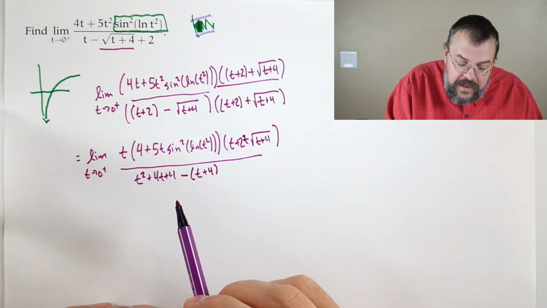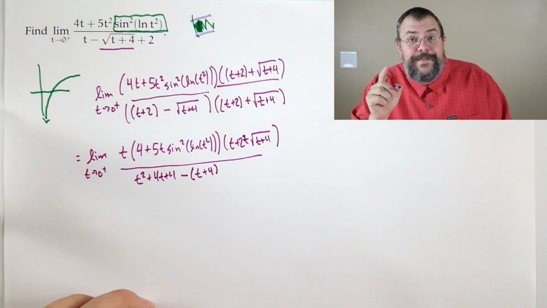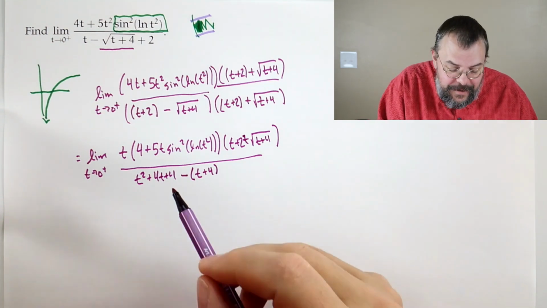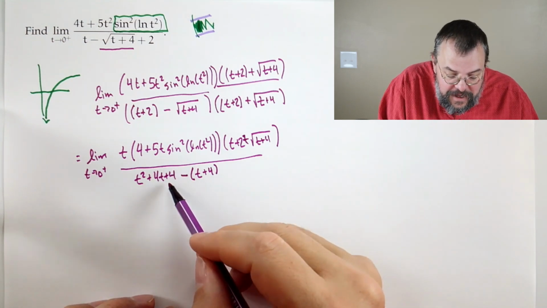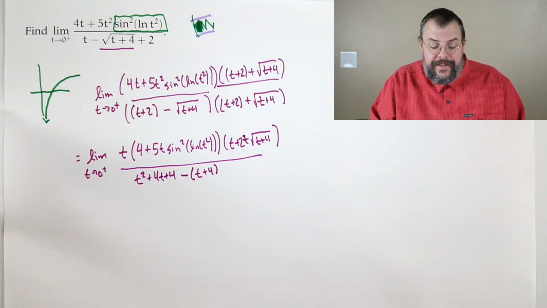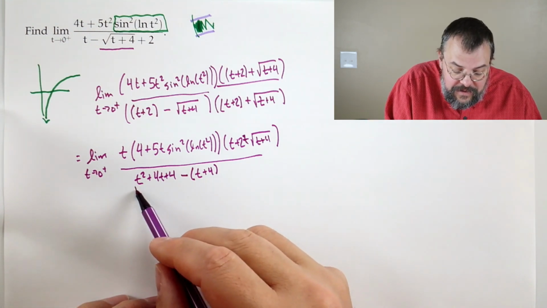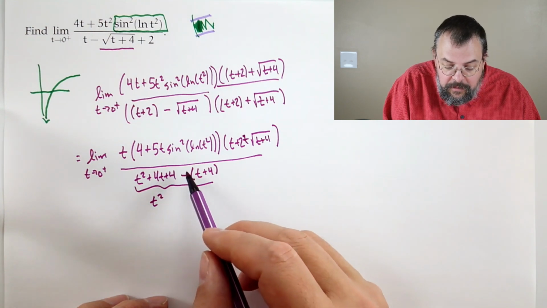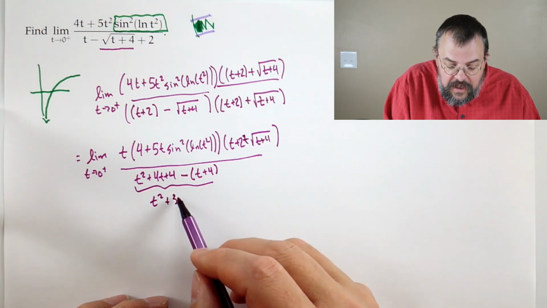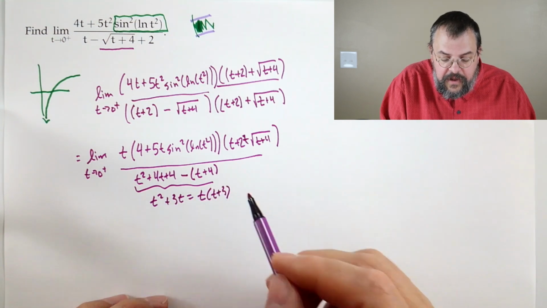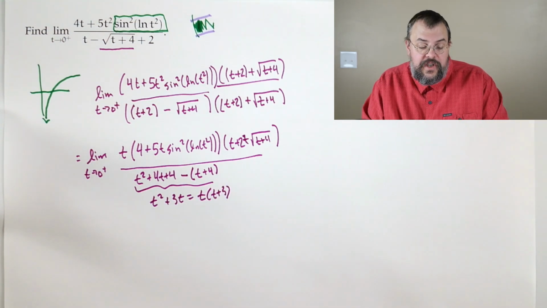So, very conveniently, almost as if it had been planned, it may have been planned, what do we notice? That 4 and that 4 will cancel. So this denominator becomes t squared plus 4t minus t, which is 3t. Or if you like, it's t times t plus 3. So that's what we have downstairs.